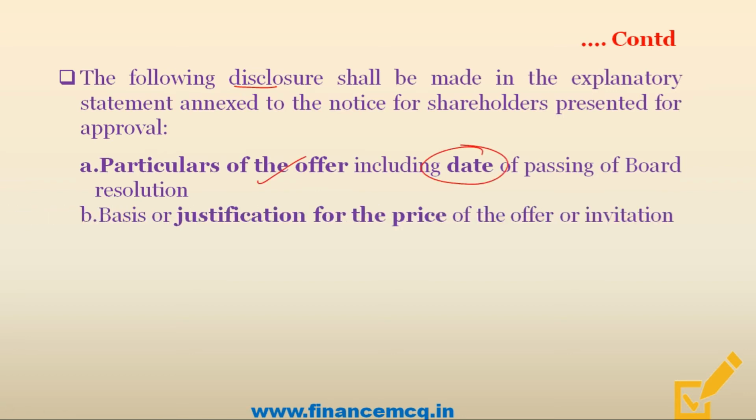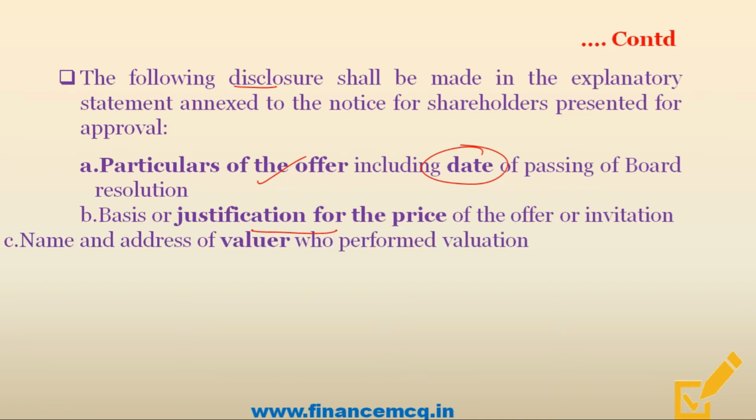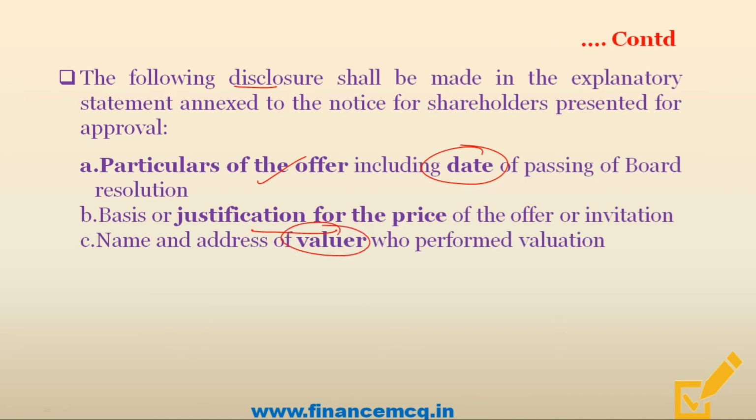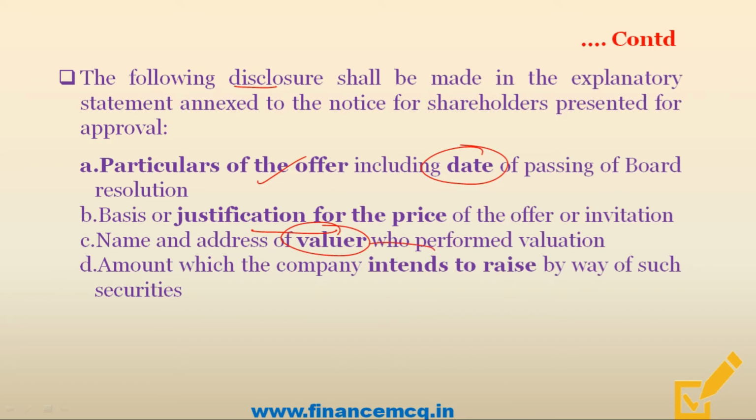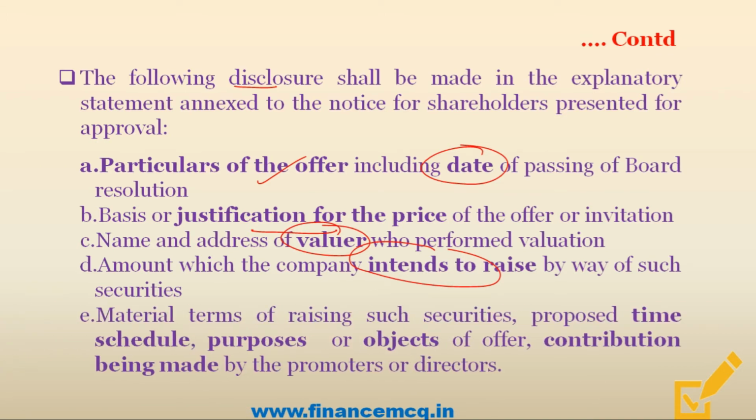Apart from this, the basis for justification for the price of the offer or invitation, then the name and address of the valuer who performed the valuation of securities, then the amount which the company intends to raise by such private placement, and in the end, any material terms of raising such securities, the proposed time schedule, the purposes or objects of the offer, and contribution being made by promoters or directors should also be mentioned in the explanatory statement annexed to the notice for shareholders for approving them in the general meeting.